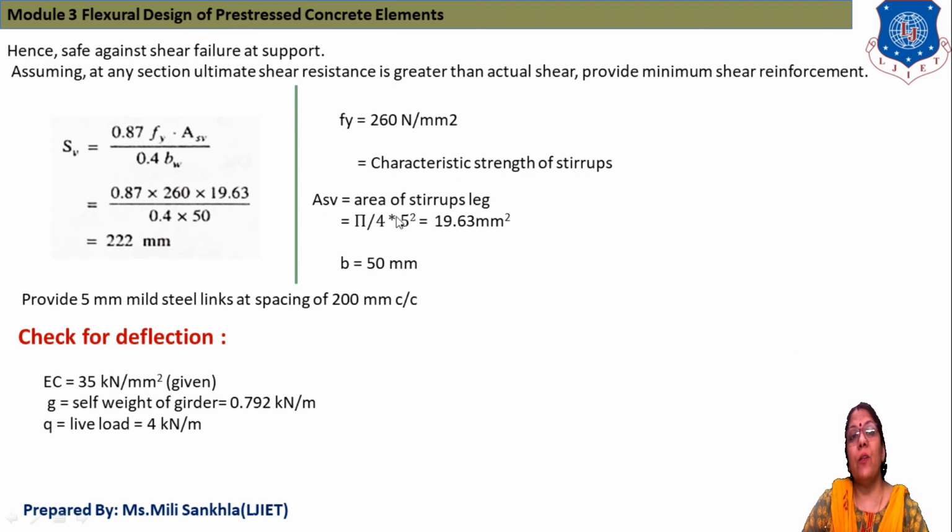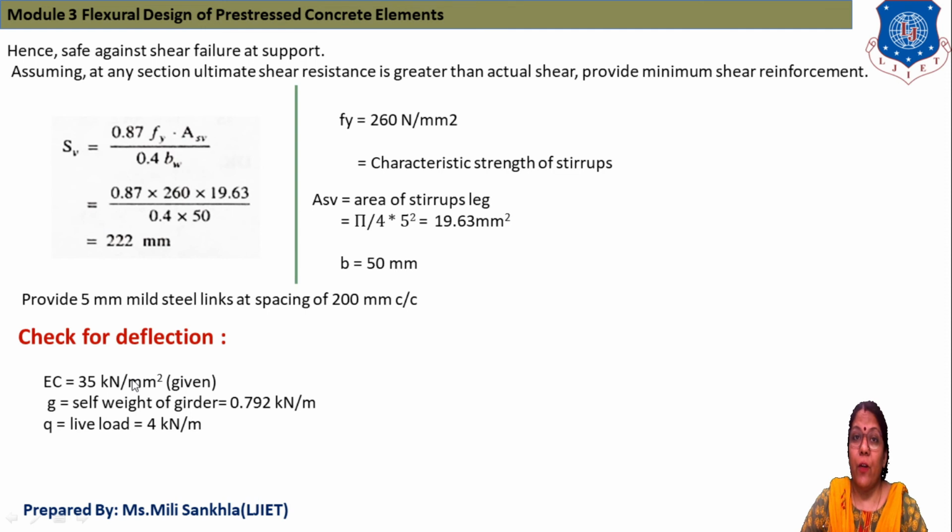Then ASV is the area of stirrup legs. Here SV we find 222 mm. Then area of stirrups is pi by 4 d square. Suppose we assume the diameter of the stirrup bar is 5 mm. So pi by 4 d square is 19.63 mm square, and B is given 50 mm. Provide 5 mm mild steel link at a spacing of 200 mm center to center.